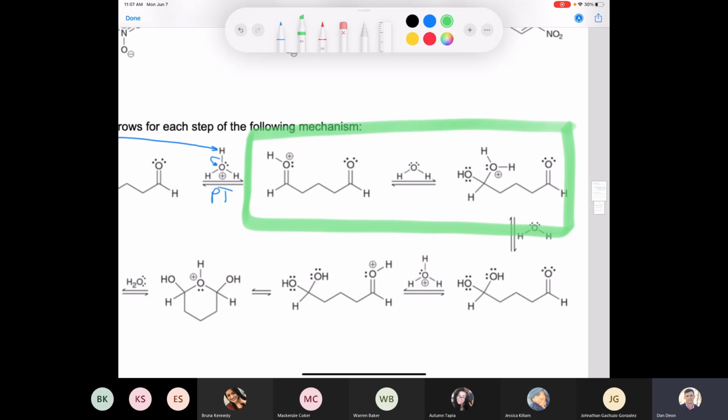It can't be a loss of leaving group because nothing's being lost, right? We're forming a new bond. You can see that we're forming a new bond right here, right?